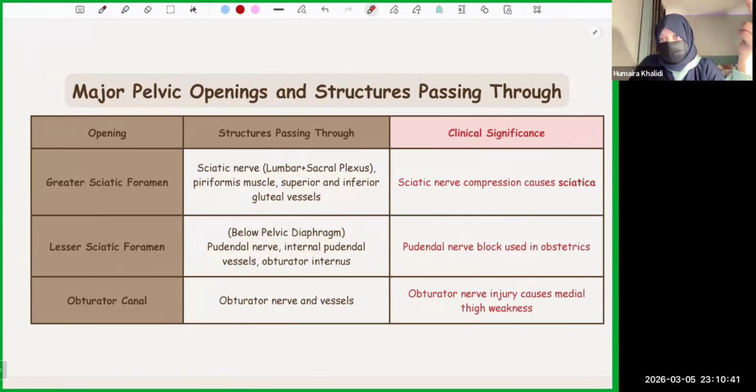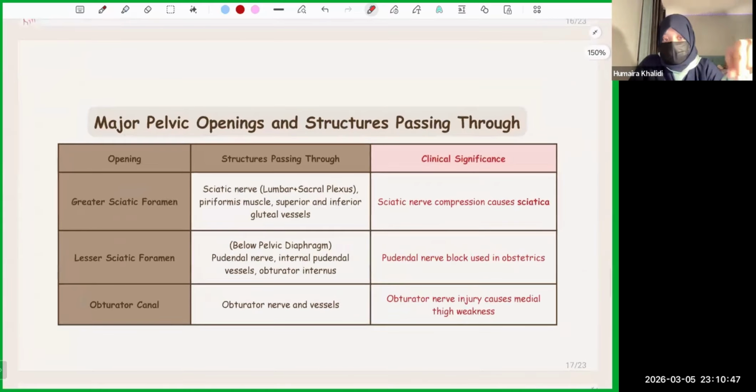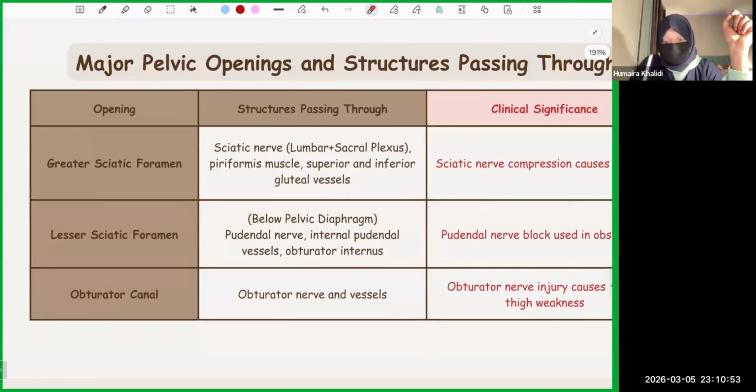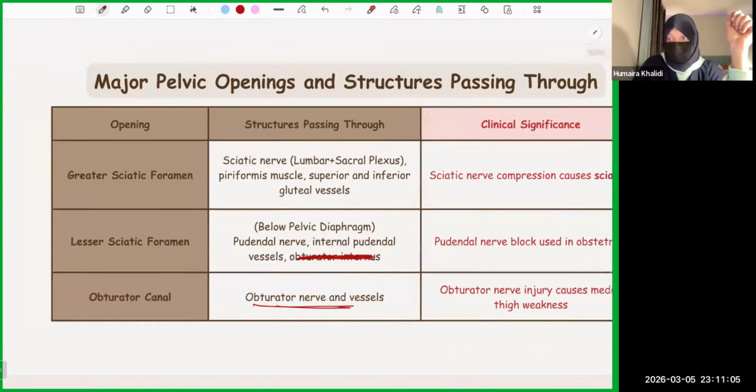You inject the anesthetic in the pudendal nerve for labor. And then you have the internal pudendal vessels and the obturator internus, but the obturator internus is not in the lesser sciatic foramen, guys. This is a typo. It's in the obturator canal with the obturator nerve and the vessels.